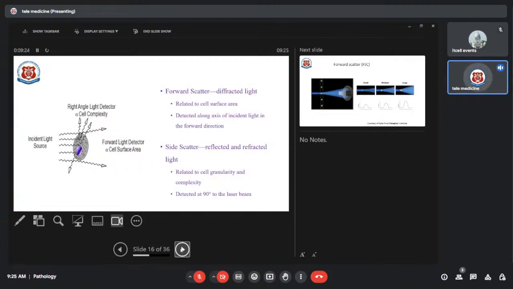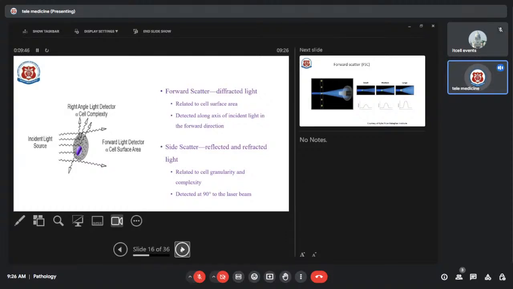Okay, so coming to the basic property, what is forward and what is side. The light is going in this direction in its path. If you get a cell here, what will happen? The light rays which are touching the sides of the cell will be refracted this way.